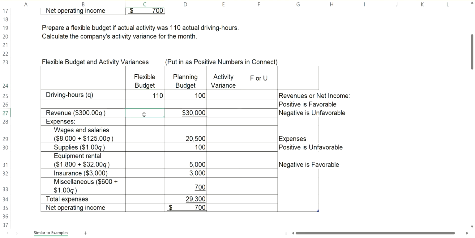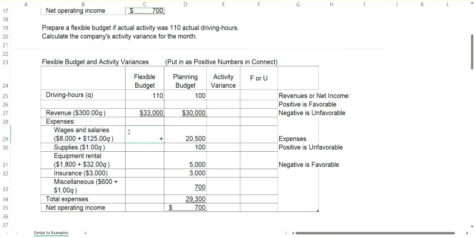Okay, remember Q represents quantity, and so for this flexible budget, we're using 110 as our quantity. So 300 is the revenue per hour times 110. So 300 times 110 is 33,000. Now for wages and salaries, we have a fixed and a variable component.